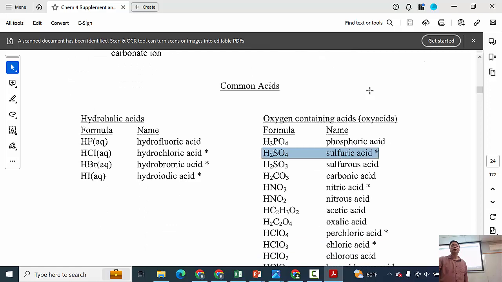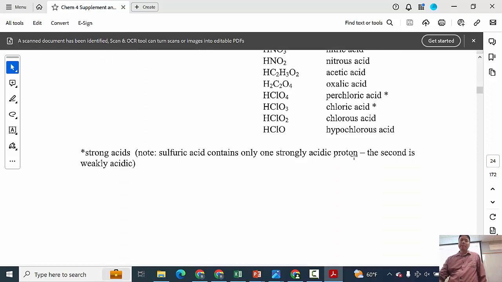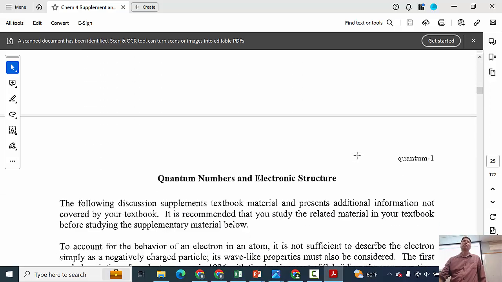We're going to ignore the others, so we're going to simplify it a little bit. You don't have to know that for the first exam. That would be more chapter 16 or chapter 5. In chapter 5, we're going to have a table. The table is going to have a ranking of acids. And there you can just look at the table and see what the strong acids are.